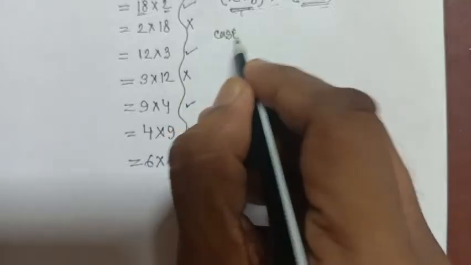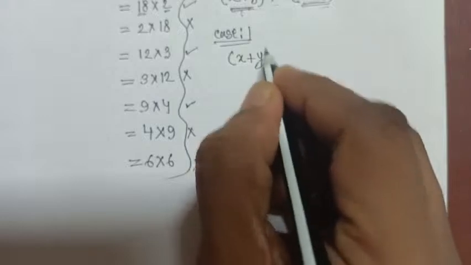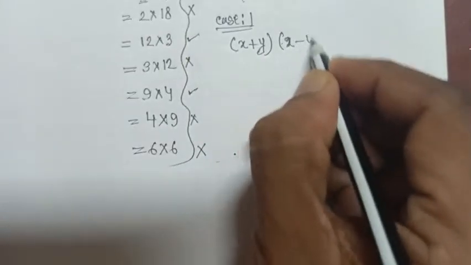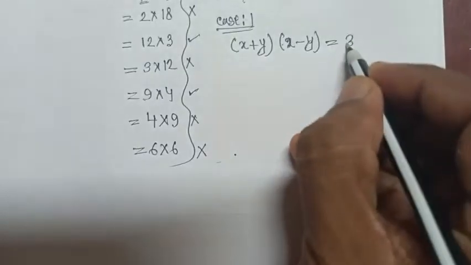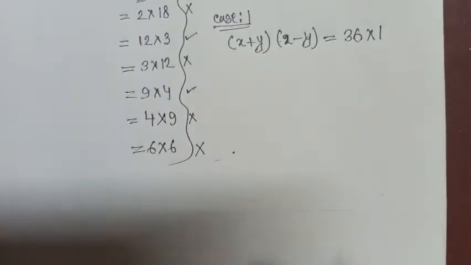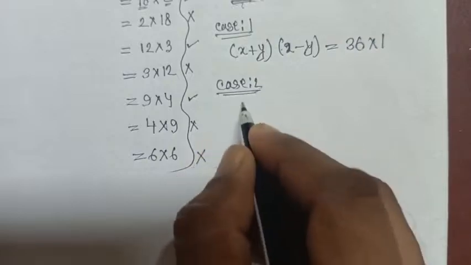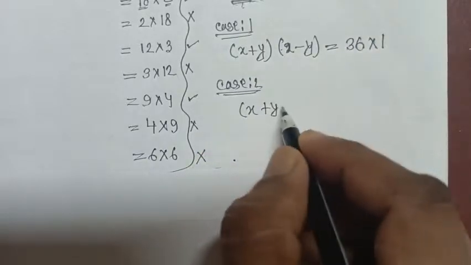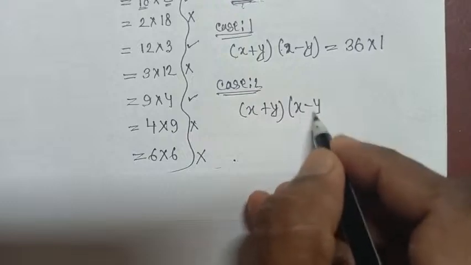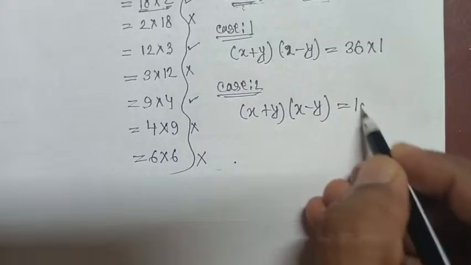Case 1, where x plus y dot x minus y equals 36 into 1. Similarly for case 2, x plus y into x minus y, we got 18 cross 2.